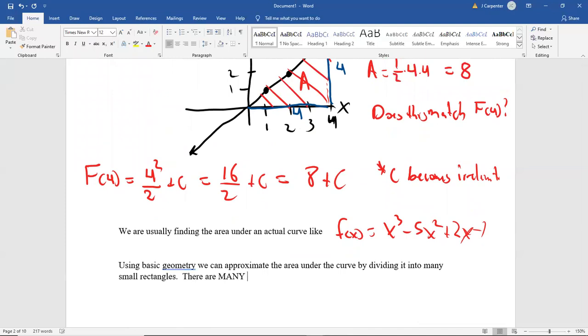There are many other methods than this, but this is what we will use. Again, they call it a Riemann sum.